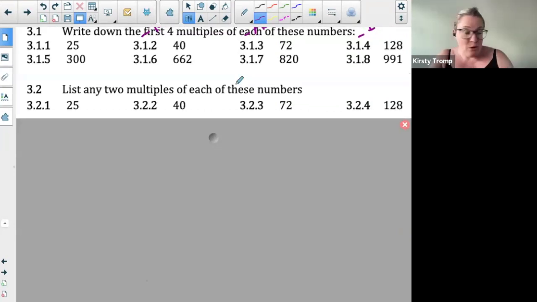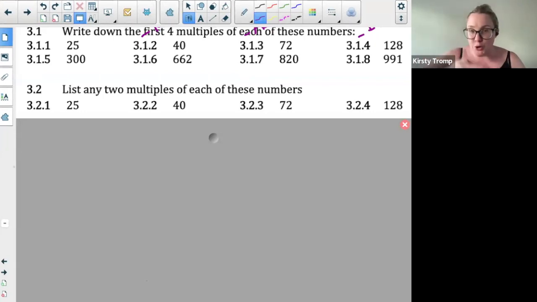3.2.1 says to us, list any 2 multiples of these numbers. Now, what's different about this one than what we saw before? In the first question, it said to us, list the first 4 multiples.